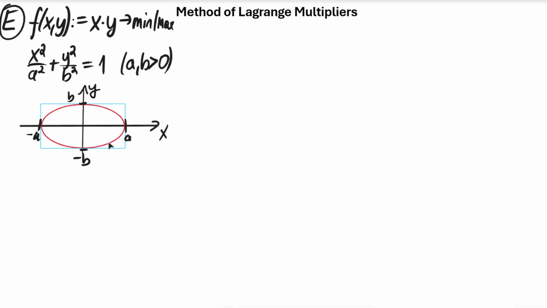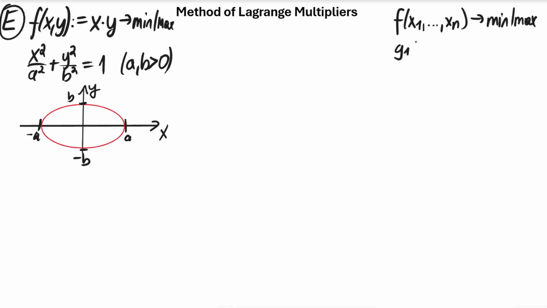This problem can be solved using the method of Lagrange multipliers, which I will now write down in general terms. So in general, we have an n-dimensional function which has to be minimized or maximized, and there are given constraints.